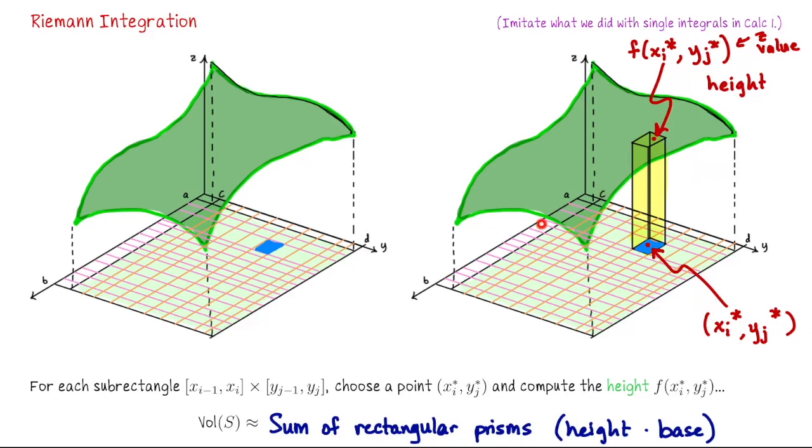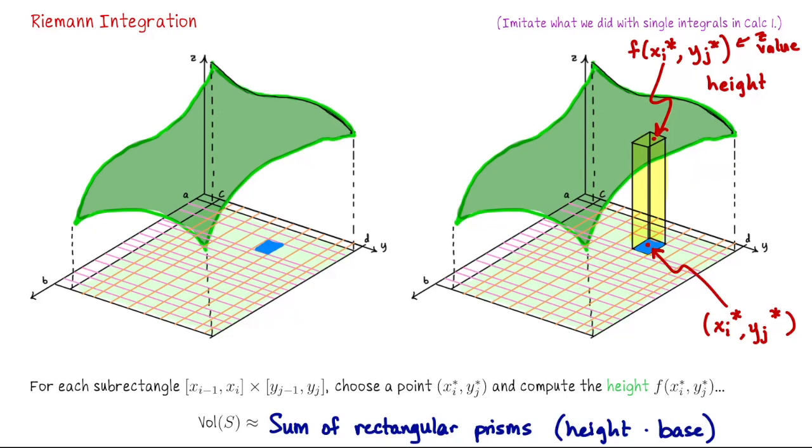Now if we did this for every subrectangle, we would have a family of rectangular prisms approximating the volume enclosed between the xy plane and the graph of this function. For every subrectangle, you would choose that representative point and compute the associated height, and the volume of that solid S is approximately the sum of a bunch of rectangular prisms.